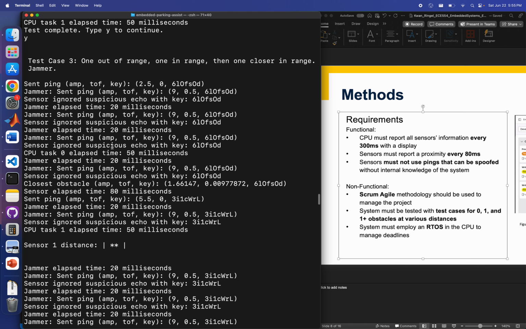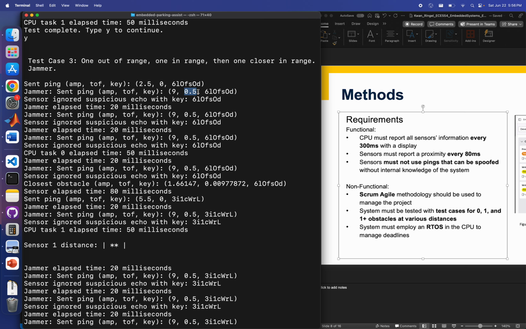So you can see right away the jammer picks it up, and what the jammer does is it's going to copy the sensor ping's waveform, which is why the key is duplicated, and then it's going to spoof the time of flight back by reading its periodicity and then trying to send it back at that rate.